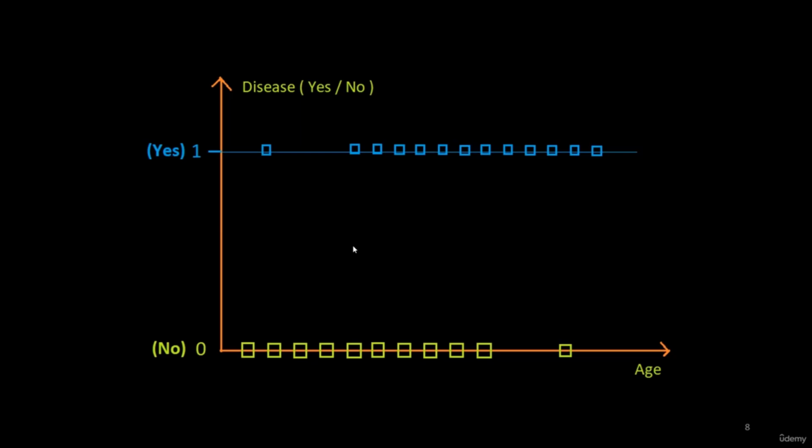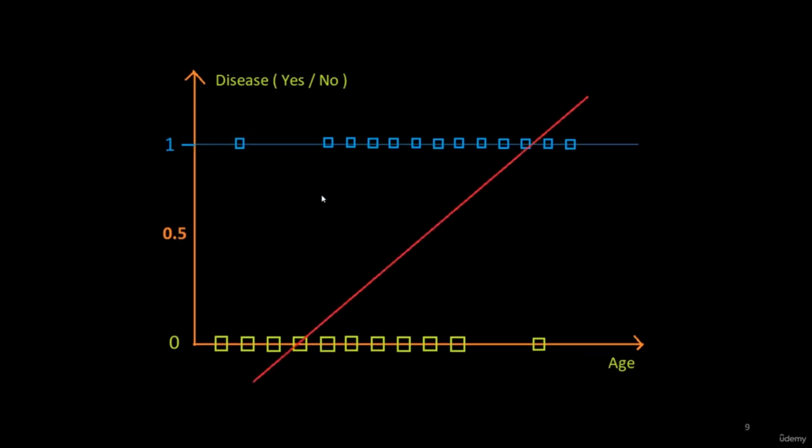Now, what happens if we want to classify this data with the help of a straight line? This is our straight line. We know that if we know the slope of a regression line or regression model, we can extend it from minus infinity to plus infinity. This is our threshold.